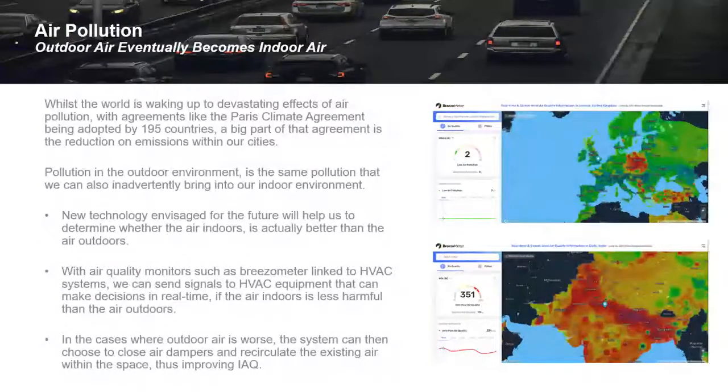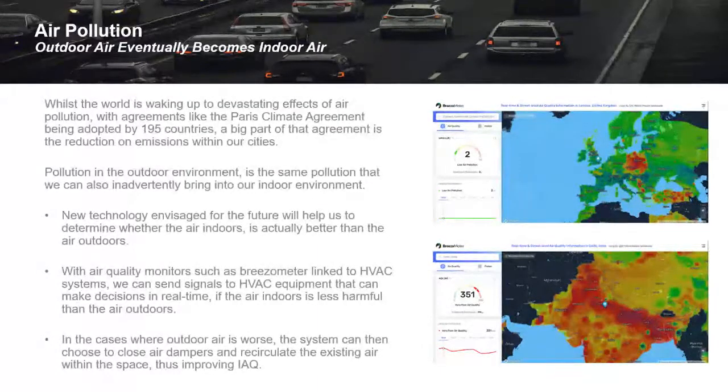So what we can do is take this information into our HVAC systems, and in the times before pandemics and hopefully soon after pandemics, it will allow our HVAC systems to check sensors contained within our spaces to see if the air inside our space is better than the air outside.